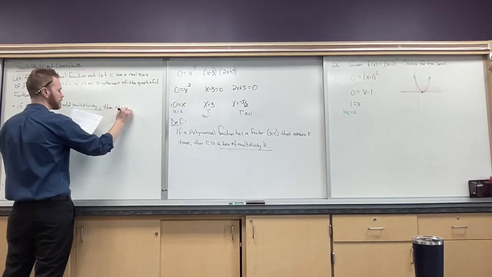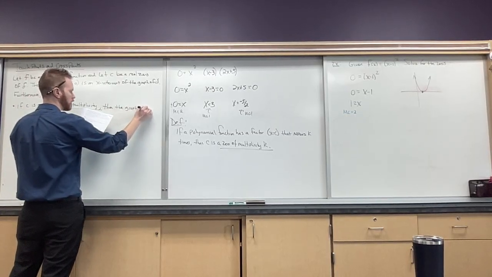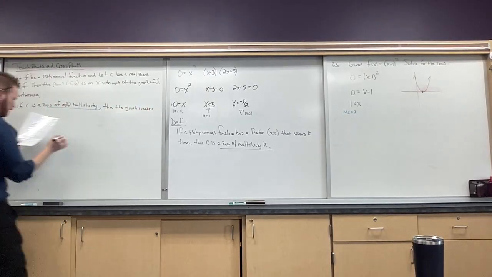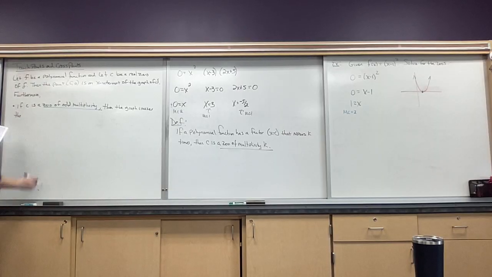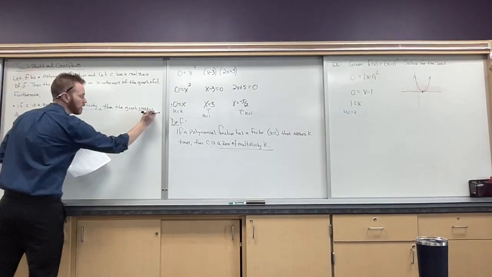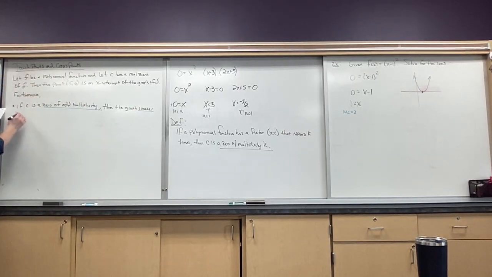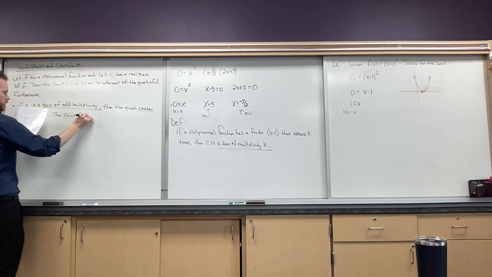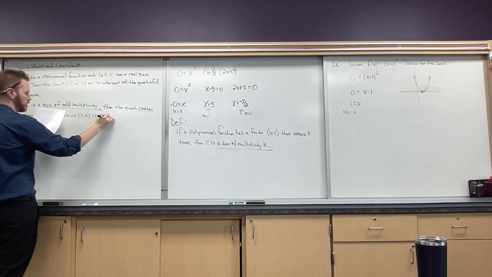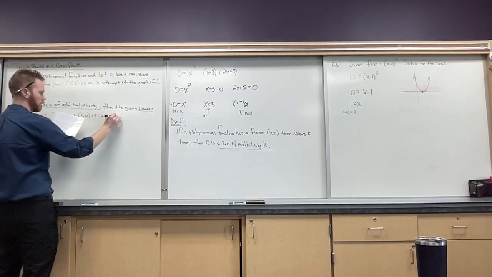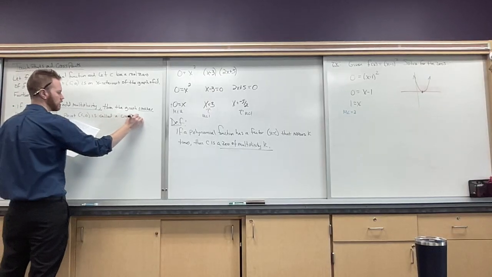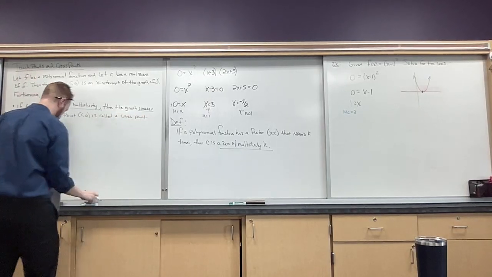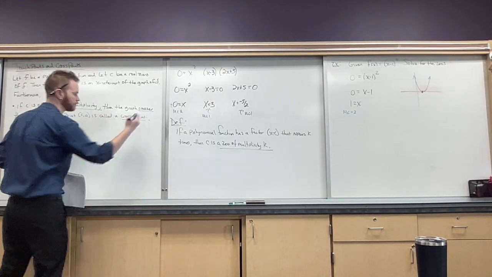Then the graph crosses, that's another important word, crosses the x-axis at c. The point (c, 0) is called a cross point. Another important part to underline. Okay.